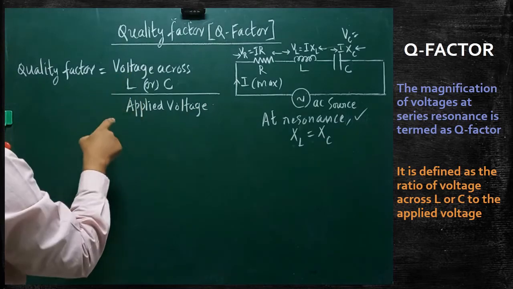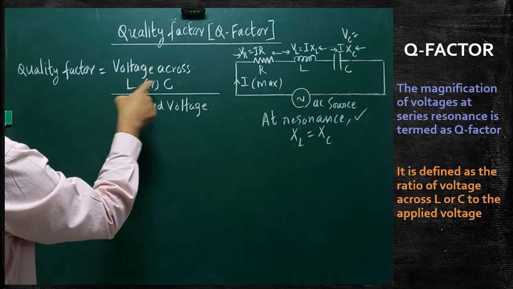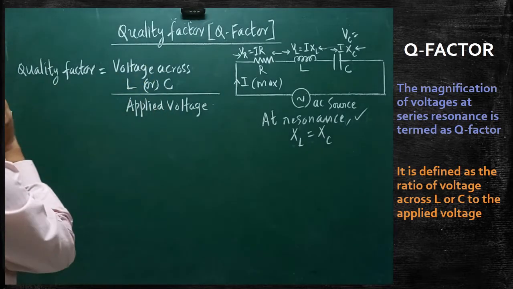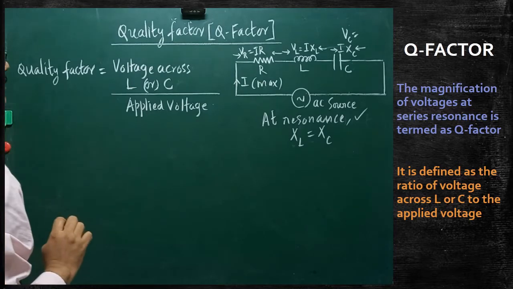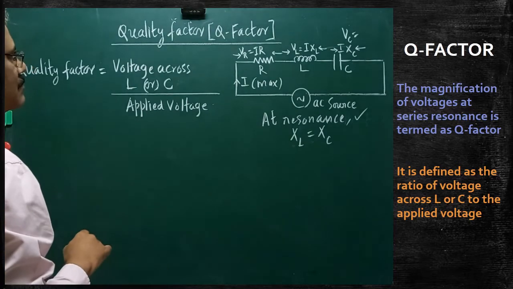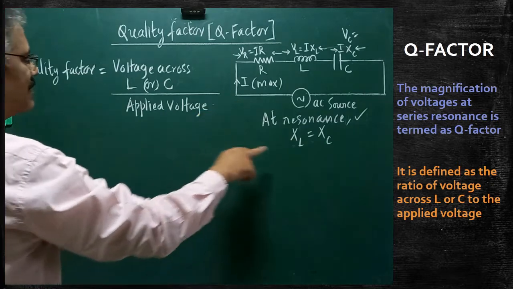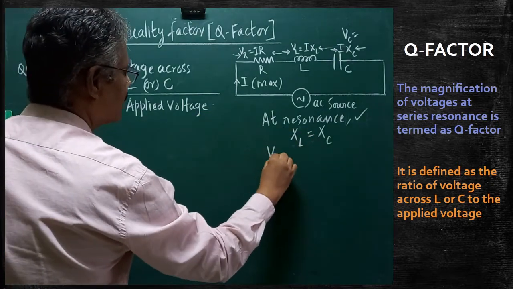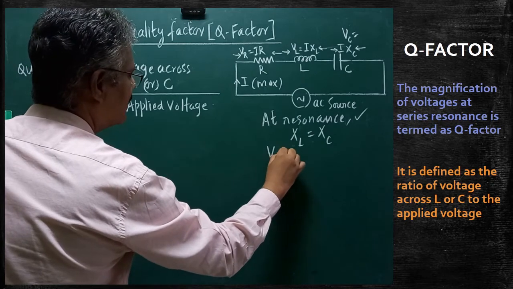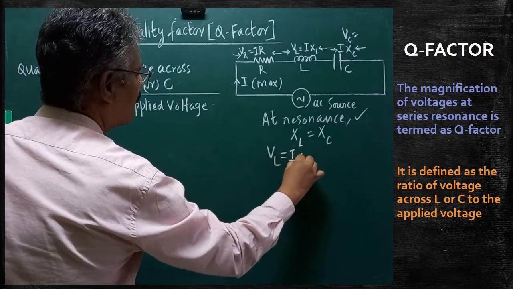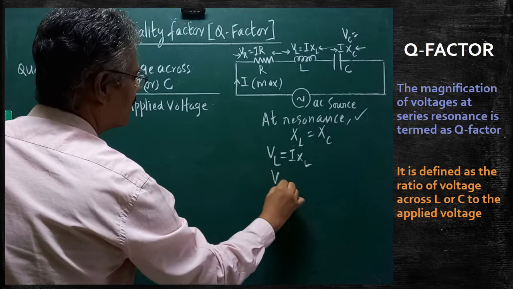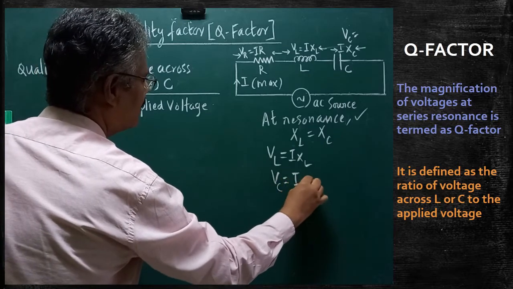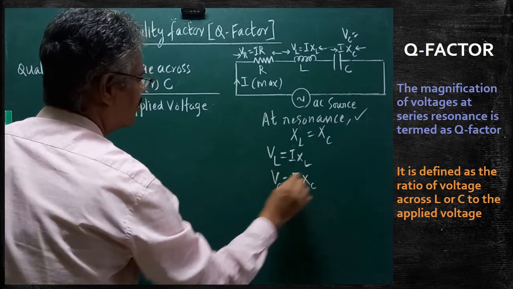In the numerator, voltage across inductor or voltage across capacitor, any one of them can be taken. Here XL is equal to XC. Therefore, the voltage across the inductor is I into XL, and the voltage across the capacitor is I into XC.